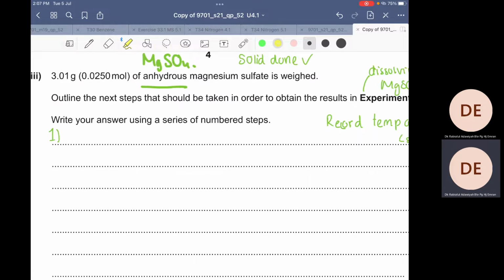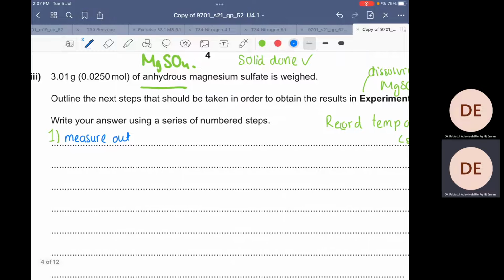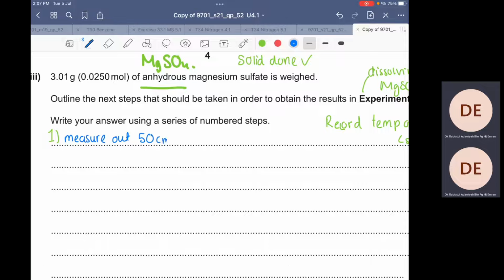First, we need to measure out how much water are we using for this experiment one? 50, okay. Measure out 50 centimeter cube. Does it mention what type of water? Tap water, distilled water? Distilled, yes. We must actually use distilled water because it doesn't contain any other ions, okay?